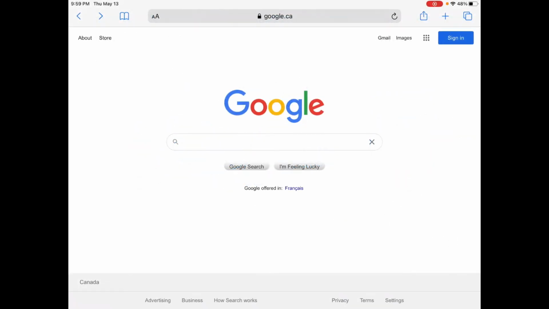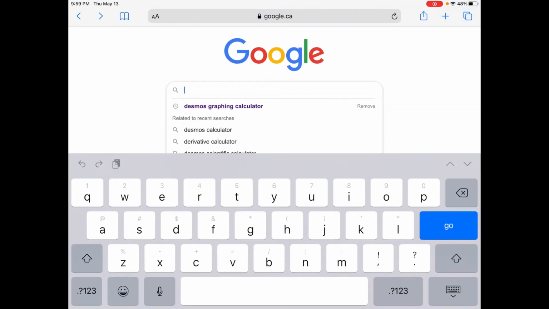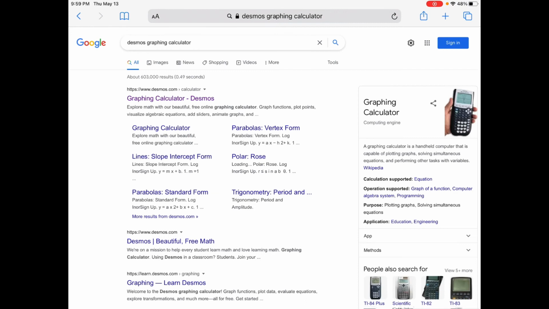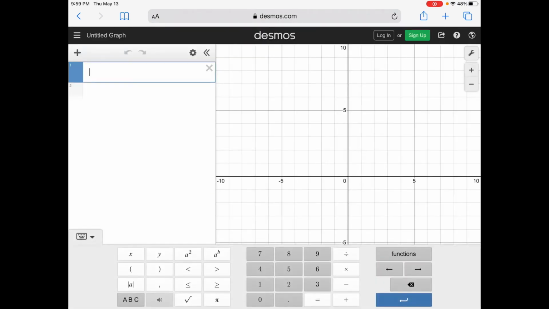So to find the x-intercepts, we are going to be using the graphing calculator Desmos. So go on to Google and let's type in Desmos graphing calculator. Click on this link right here, and here is our graphing calculator. So now let's write our equation. So it was x squared, so type in the x and this little 2 sign for the square, then plus 2x, and then minus 63.